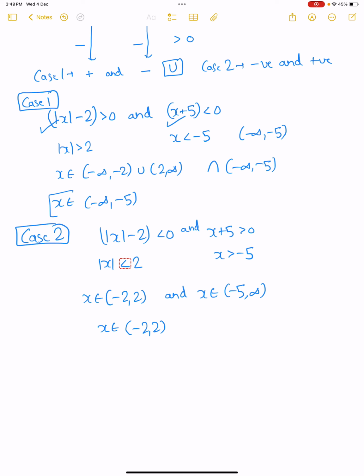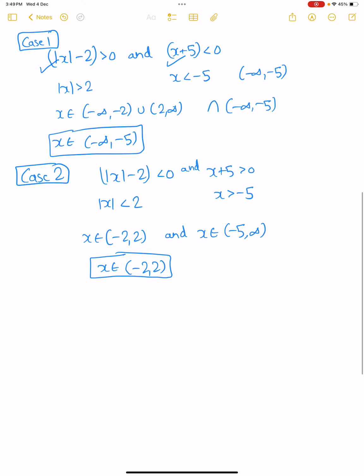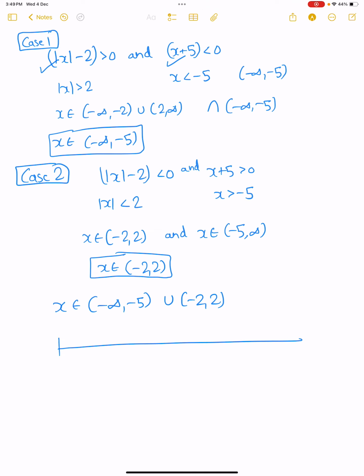So we have got this thing and union this thing. So the final value of x for which all these equations are satisfied is x belongs to the interval minus infinity to minus 5 union minus 2 to 2. You can put these values on the number line and look at it by yourself as well. So minus 2, here we have 0, 2.